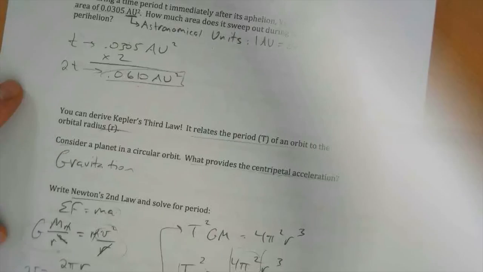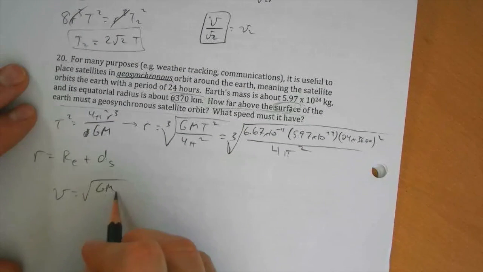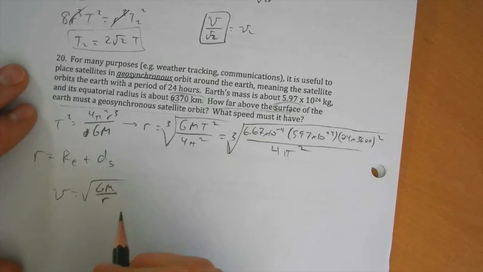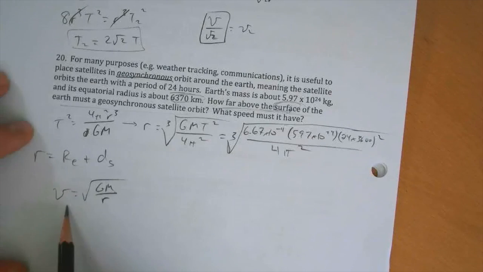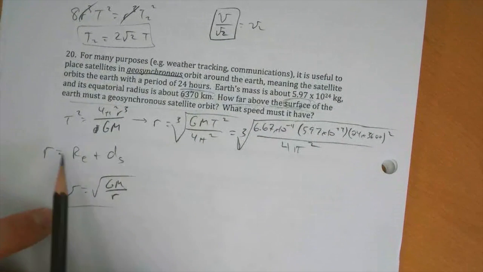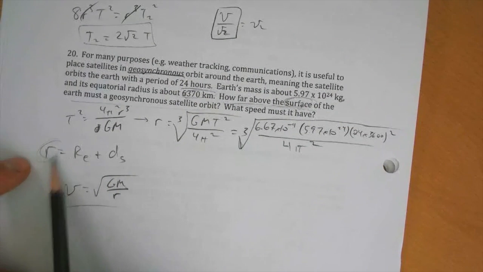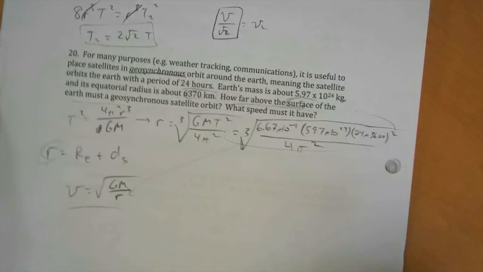And to find velocity, we can just use the same equation from before, root GM over r. And then use your radius calculation, the result that you got over here. Take this whole big number and plug it in for r, plug in G and M, and you can calculate a number.